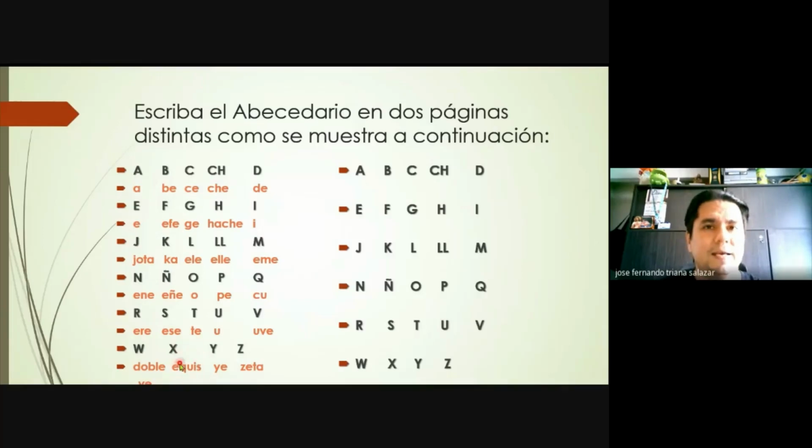X. Also, this letter is not very common in Spanish, but we use it. For example, in English, we use X. In Spanish, yes, there is an excellent word. When you say success, éxito, you are a winner, a successful person.